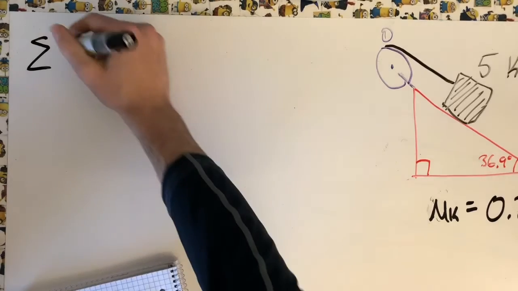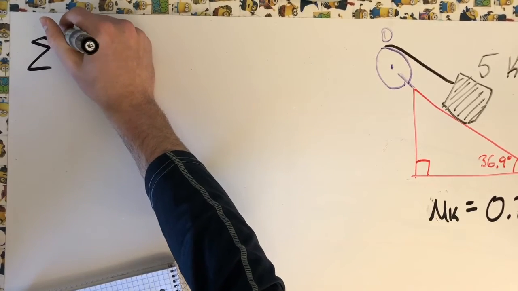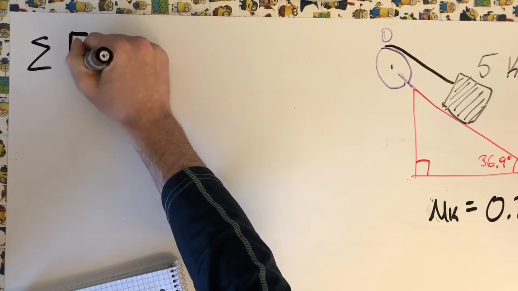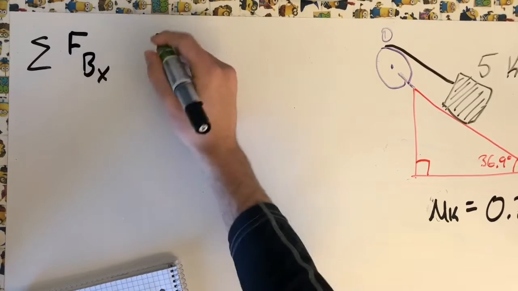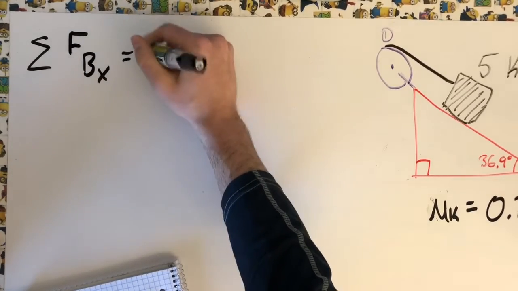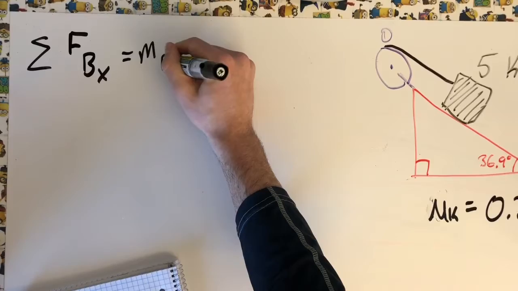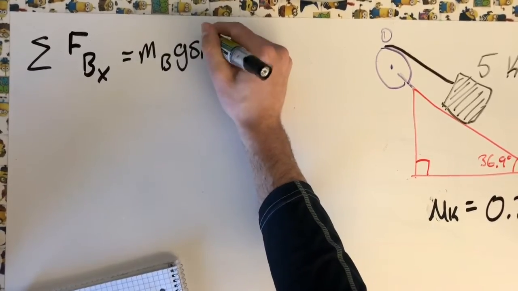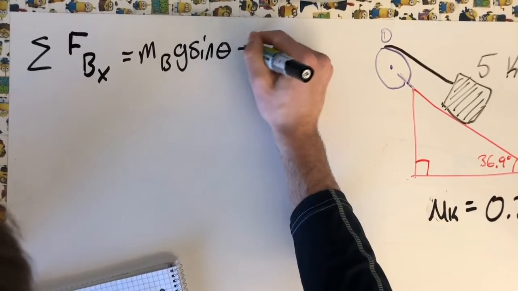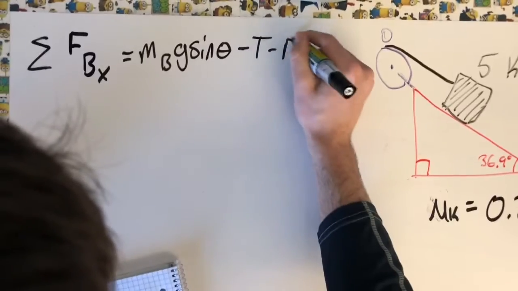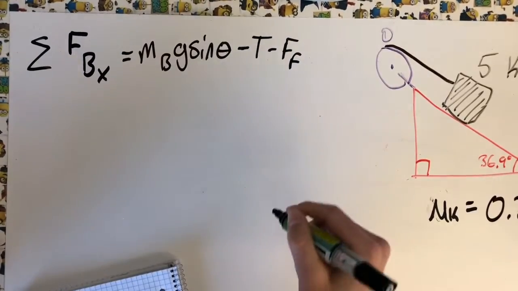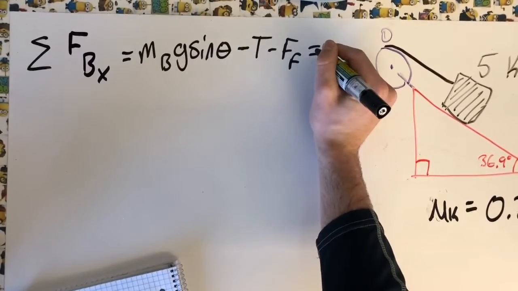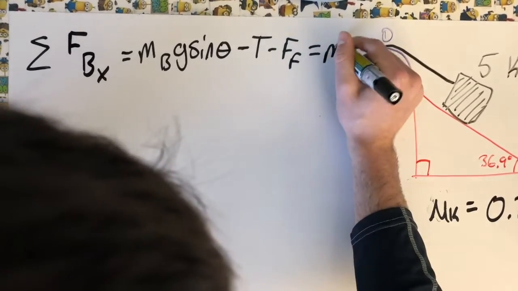In this scenario, since it's going downhill, mg sine theta is in the direction of positive acceleration, and tension and kinetic friction are in the direction of negative acceleration. And of course, the sum of the forces equals ma.